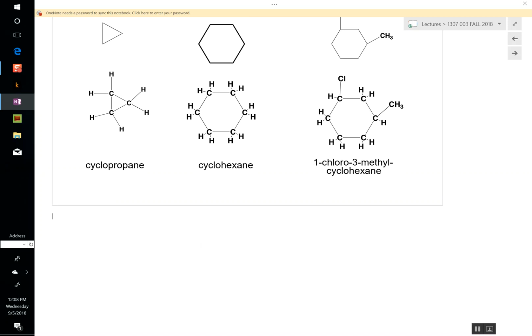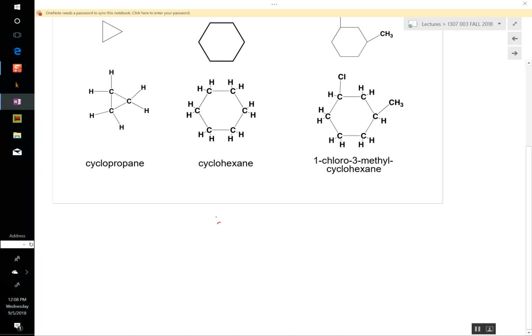Okay, Alexis, let's take a look at this. Let's say we had this, and we had a methyl group right here, and I'm going to just write it as a CH3. The hydrogens all around there. I could just call this methyl cyclohexane. You'd say, well, wouldn't you call it 1-methyl cyclohexane?